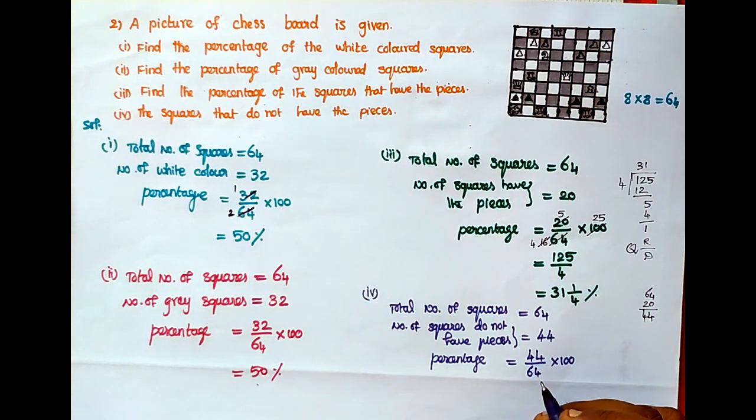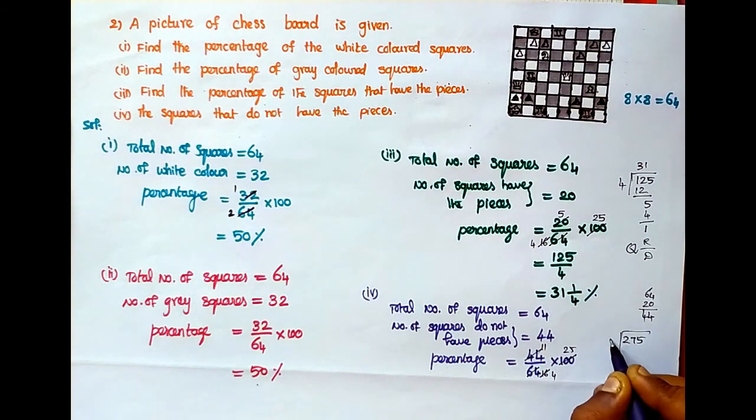Now cancellation. 11 fours are 44, 16 fours are 64. Again 4 fours are 16, 25 fours are 100. Now 25 into 11, 275 divided by 4.